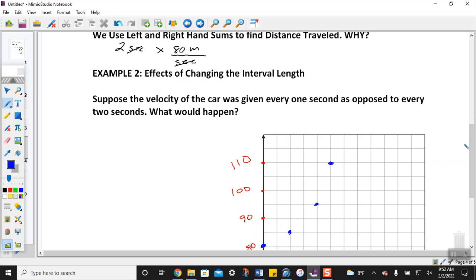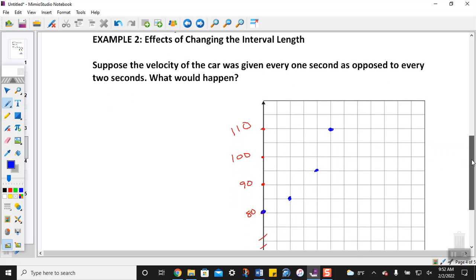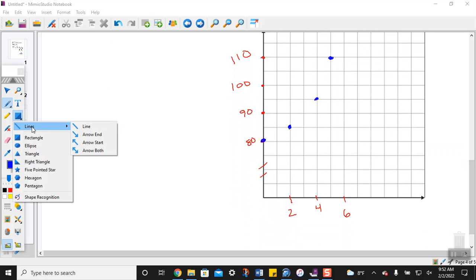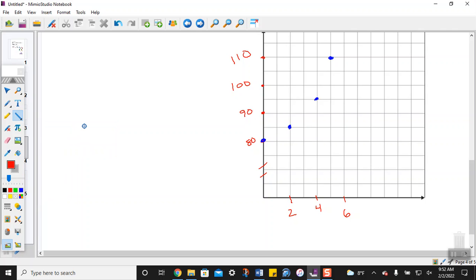I'm gonna draw my sketch in here. No, I didn't want to do that. Here's what I want. There's my curve, right, kids?